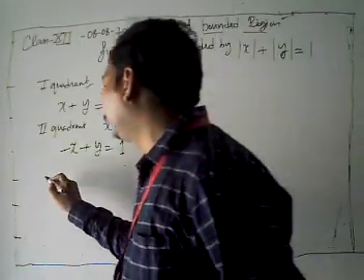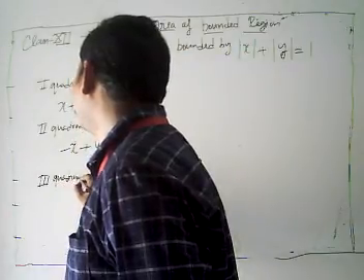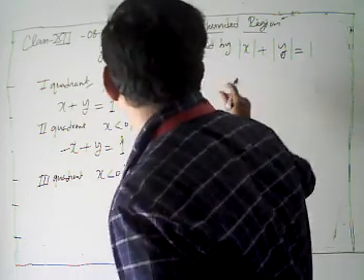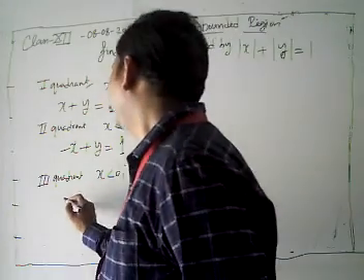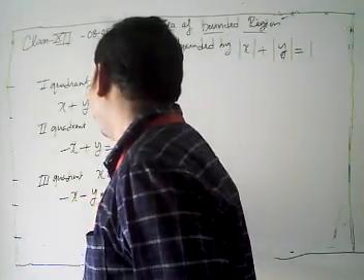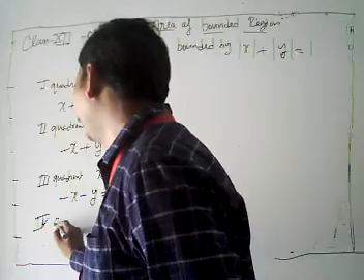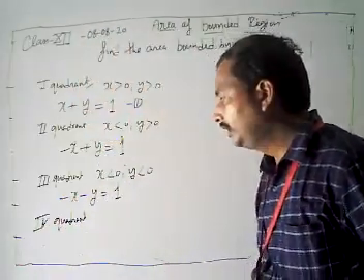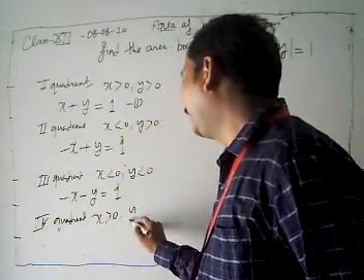Again, define in the third quadrant. In the third quadrant, our x is negative, our y is negative. Then mod x is minus x and mod y is minus y. Then minus x minus y equal to 1. Now in the fourth quadrant, our x is positive, y is negative.